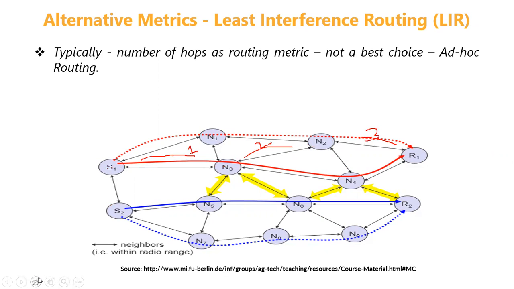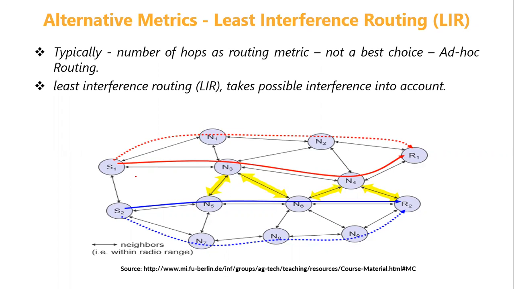A typical routing algorithm will work based on the number of hops, and it will always try to minimize the number of hops. But the number of hops may not be the best metric in the case of ad hoc routing.